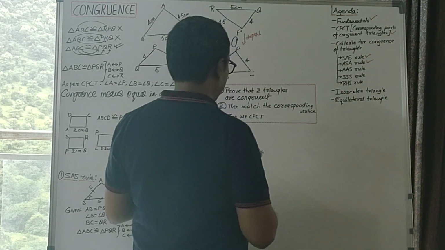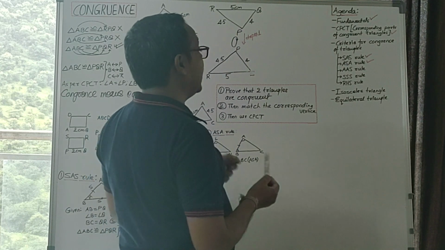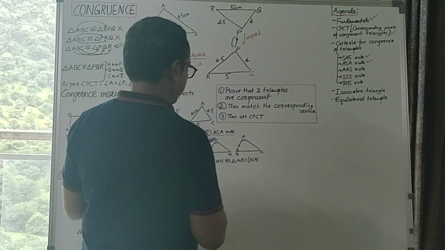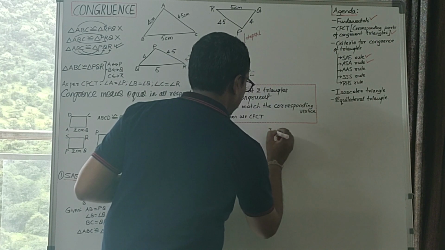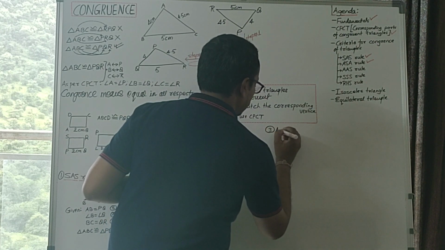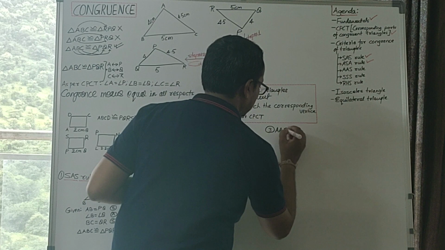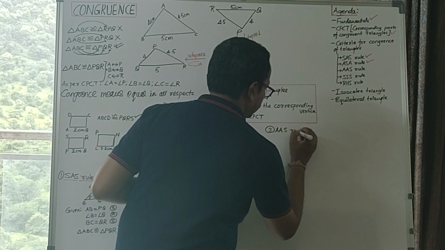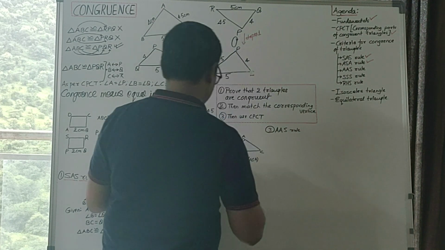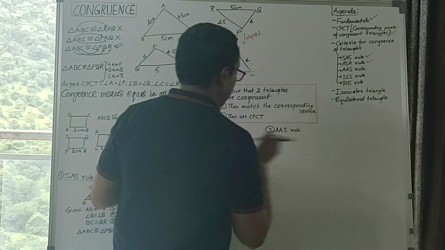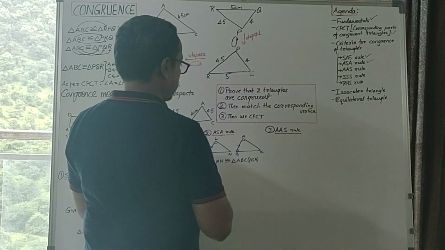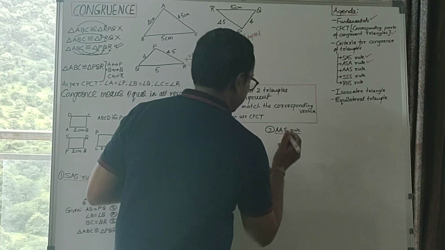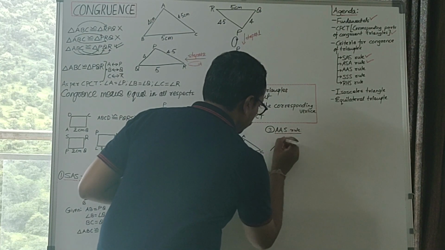Now we are going to do the AAS rule. Let us see what it says. The AAS rule says this is two triangles.